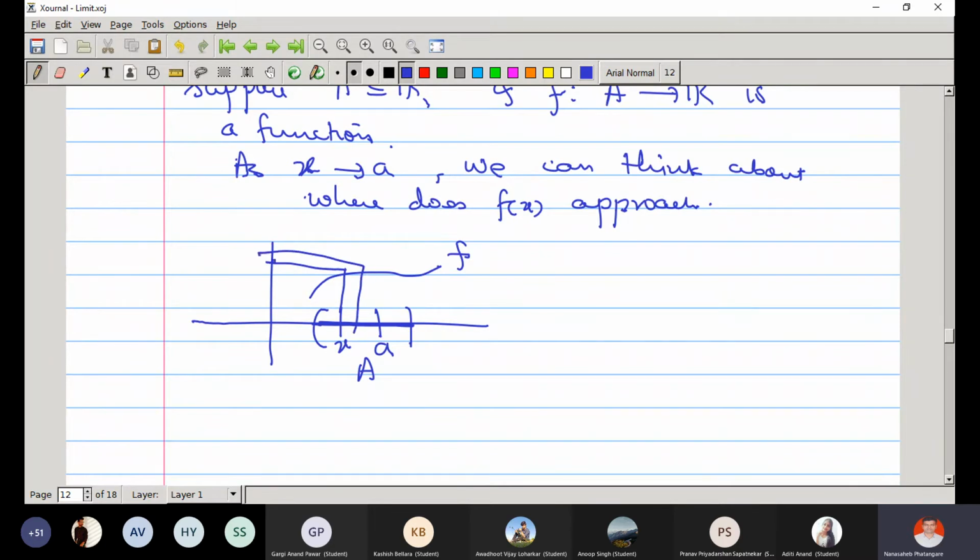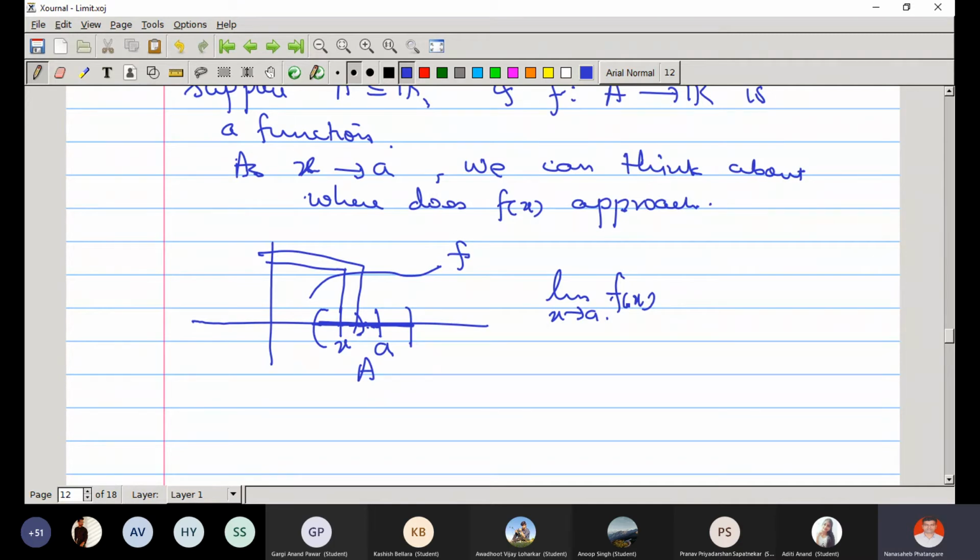If x is here, f of x is here, and as x becomes closer and closer, f of x tends to some number, that is the limit. But when we say x approaches A, where is x at this instant? Do you understand? Where is x at this instant?